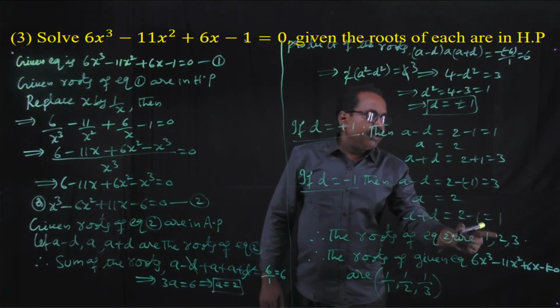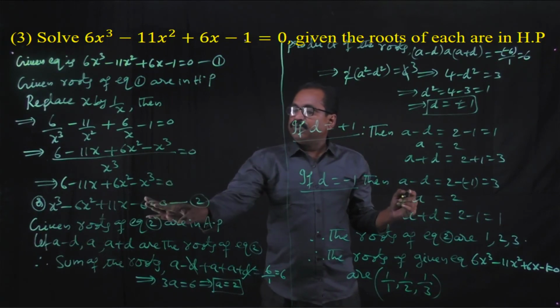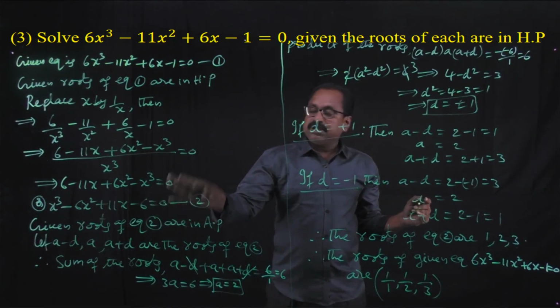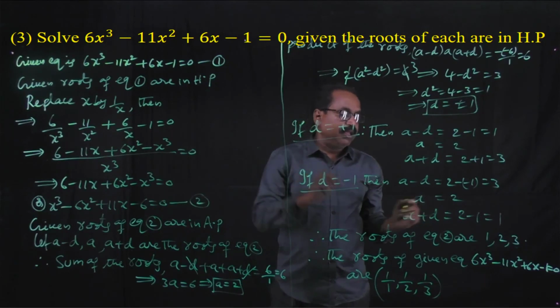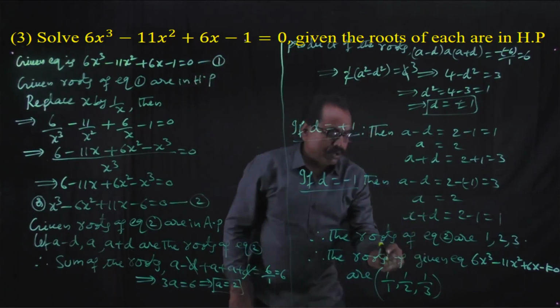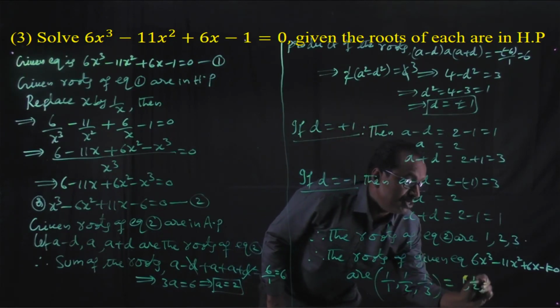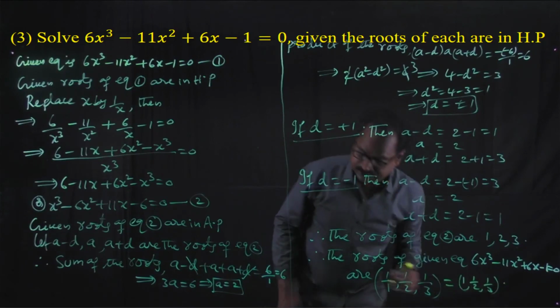Here 1, 2, 3 are the roots of equation 2, and the roots of equation 2 are in AP. But the roots of equation 1 are in HP. So 1 by 1, 1 by 2, 1 by 3, that is equal to 1, 1 by 2, 1 by 3. Okay, thank you.